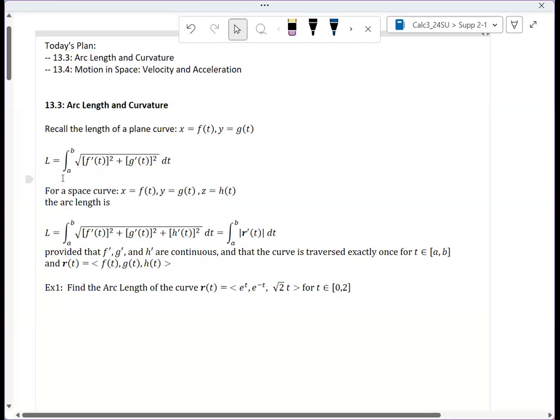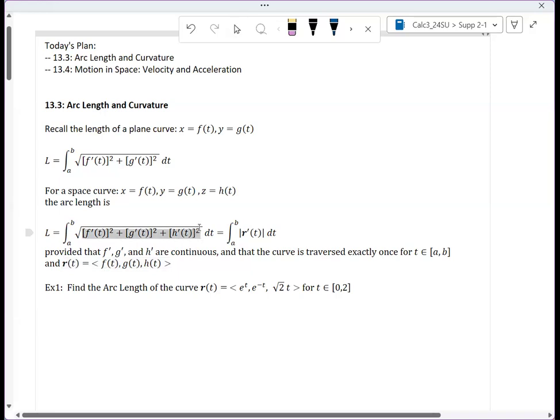and getting an integral. For a space curve, for a three-dimensional curve, it's essentially the same process. Here we have x, y, and z equals h of t as well. And the arc length is the integral of the square root of f prime squared plus g prime squared plus h prime squared dt. And we might notice that we could think of having a vector r with components f, g, and h, a vector function r.